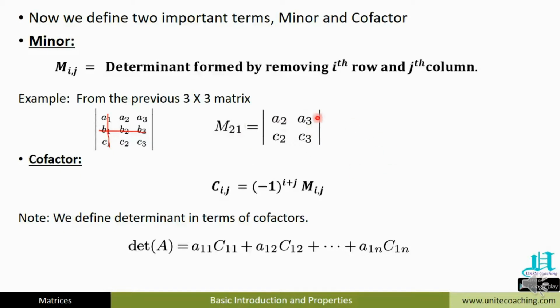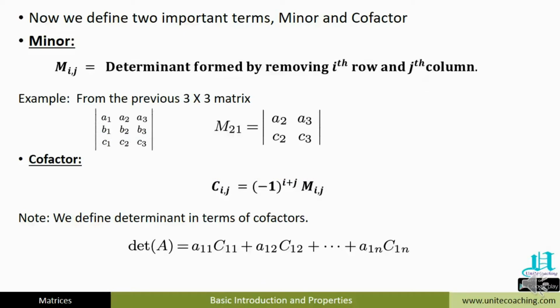So very easy, right? Now moving to cofactor. So how do we calculate the cofactor of a given element, that is Cij? Cij means the cofactor of the element ij, the element present in the ith row and jth column, right? So this is calculated by this formula.